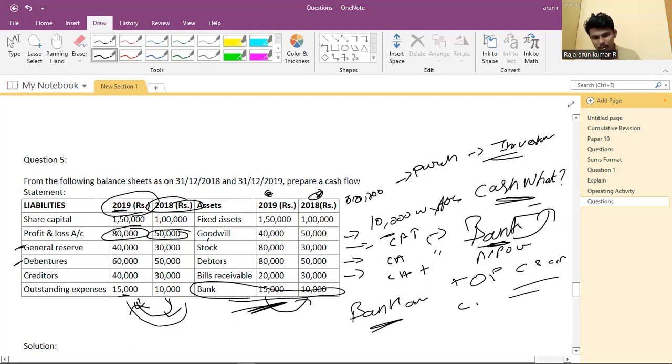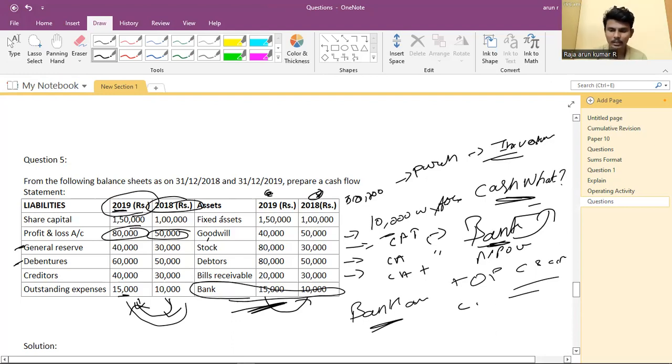Yes, it is a financing activity. And then creditors, it is in current liability. Current liability increases. We can add it.